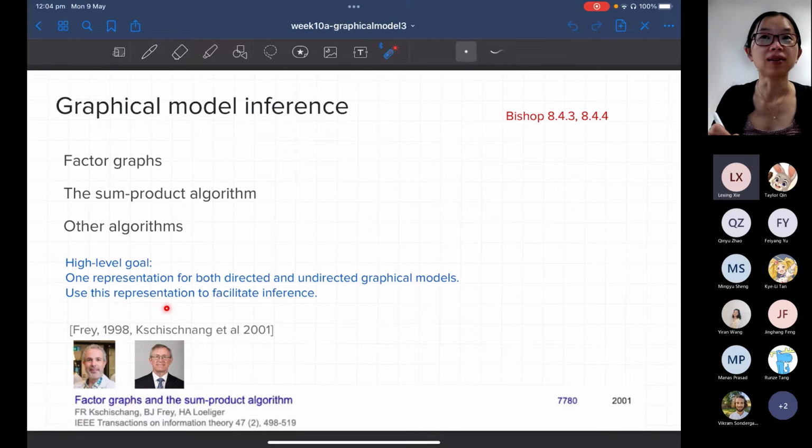You might also be happy to know that factor graphs and the sum-product algorithm were proposed in the late 1990s, in Brendan Frey's paper and also in the paper he co-authored with Frank Kschischang, both of them faculty members at the University of Toronto right now. The second one is a journal paper, basically written just before the year 2000 and published in 2001. So for most of you, this is roughly within your lifetime.